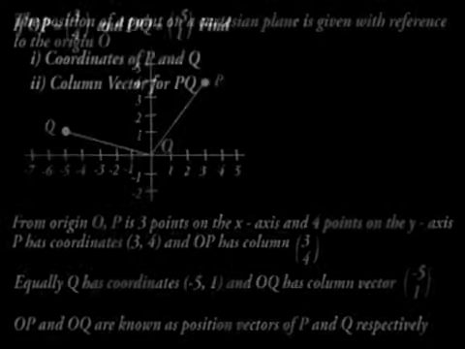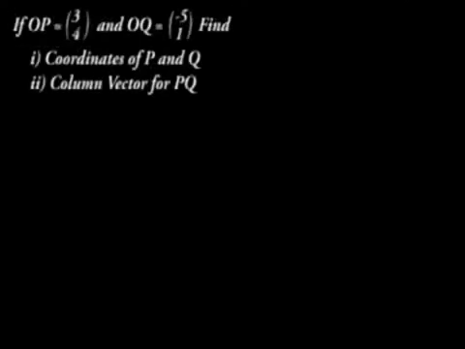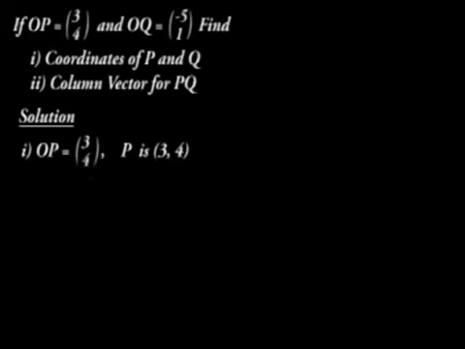For example, if OP is equal to (3, 4) and OQ is (-5, 1), find coordinates of P and Q, and the column vector for PQ. In our solution, OP is (3, 4), therefore P is (3, 4).